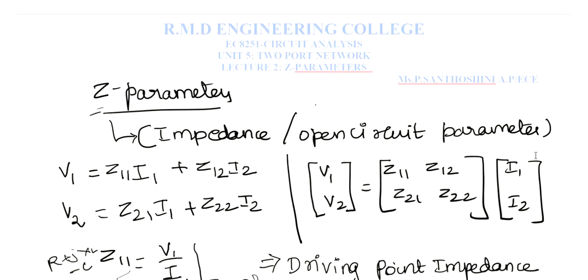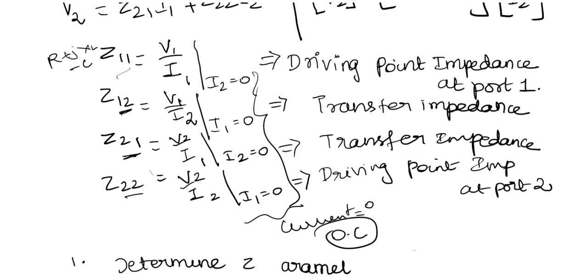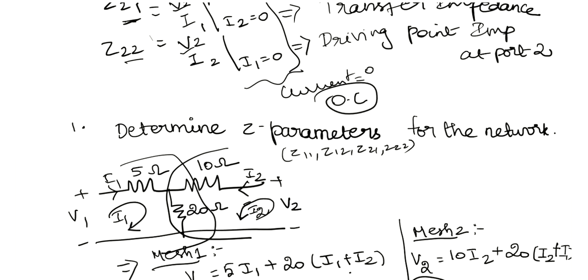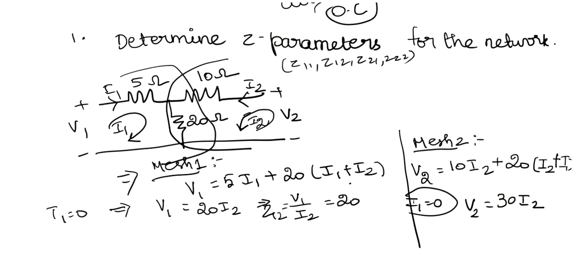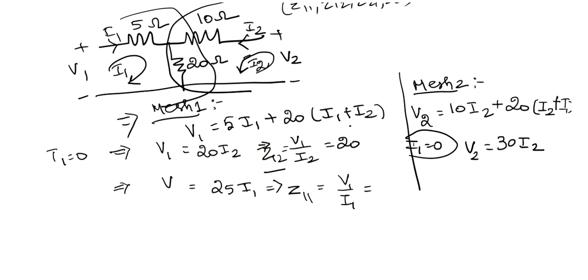Z parameters, another name is impedance or open circuit parameters, and we write the equation format as well as the matrix format, and we give the names of all four parameters. We write loop equations, making any one current equal to zero, and we get all four parameters.